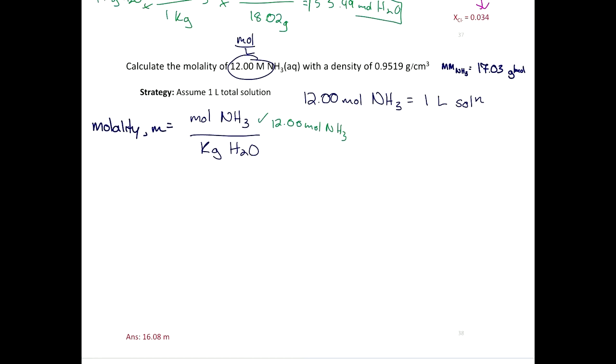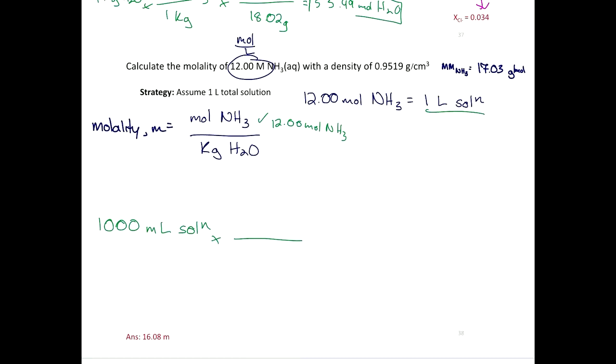If I have 1 liter of solution and I want to go to a gram amount, I have to use density again. So let's convert that liter value. 1,000 milliliters, 1 liter, same thing. 1,000 milliliters of solution, I'm going to use this density value: 0.95 grams per centimeter cubed, or grams per milliliter.